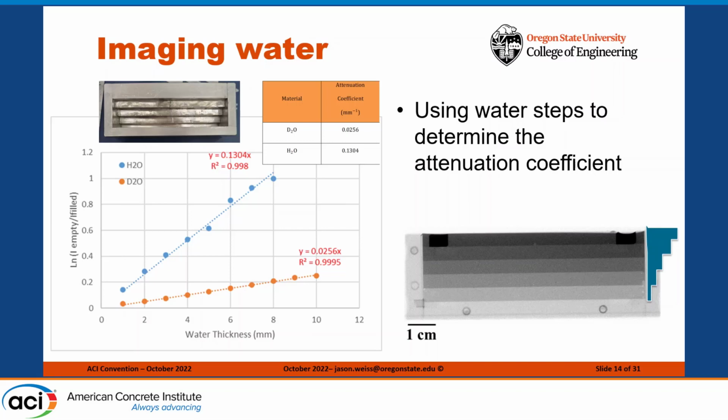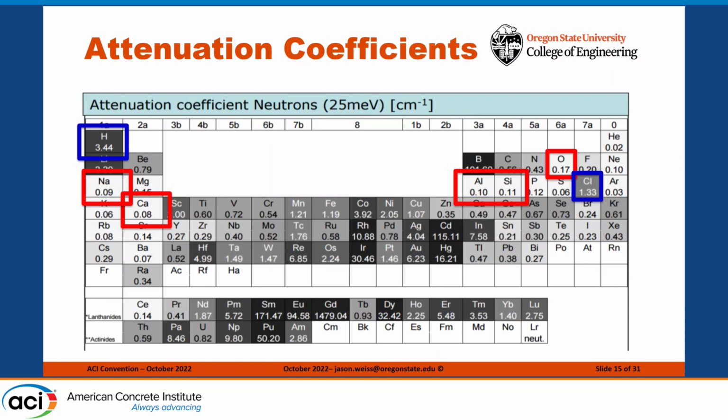So you can actually do some very interesting studies where you start to change these materials around because you get much better penetration when you're using deuterium in the system. The one caveat of this: water is almost free, deuterium, heavy water, not almost free. All right, very expensive material that we're dealing with here.